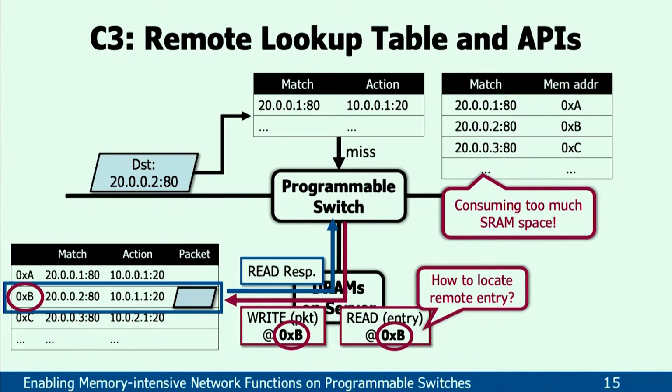However, again, it would consume a huge amount of SRAM space, which is undesirable. So how can we effectively realize a lookup table on remote memory and support operations such as lookup and update without consuming lots of SRAM space and without accessing remote memory multiple times?